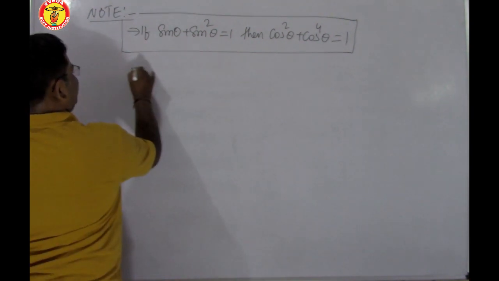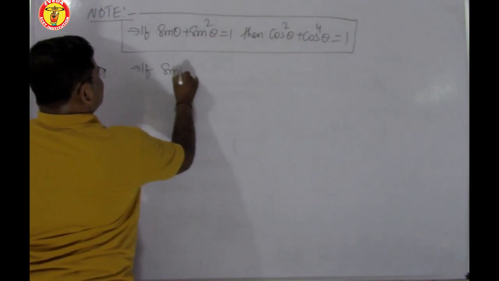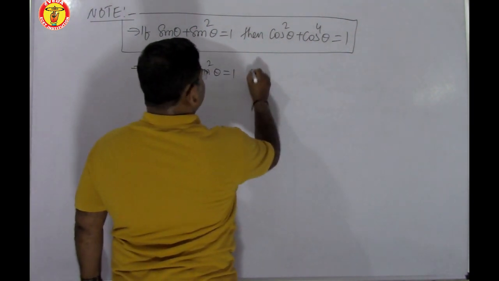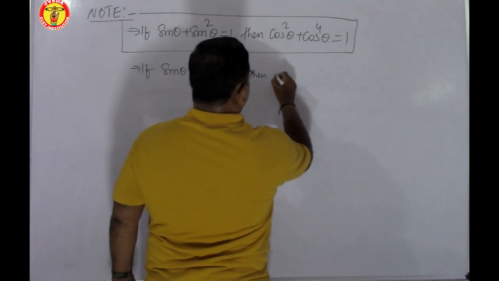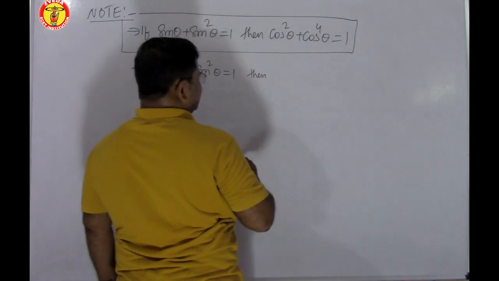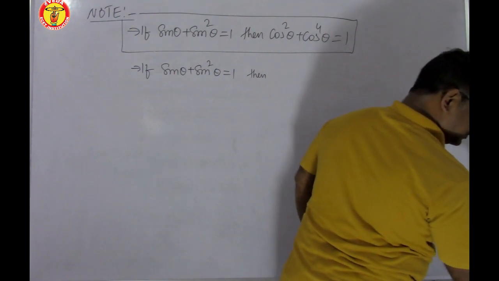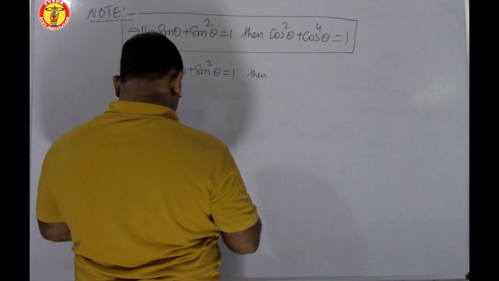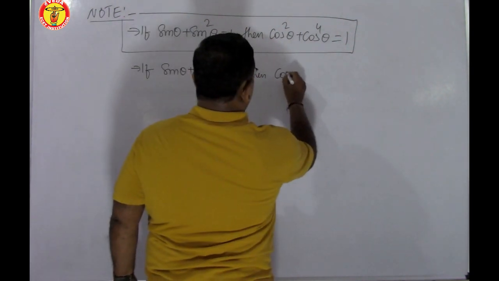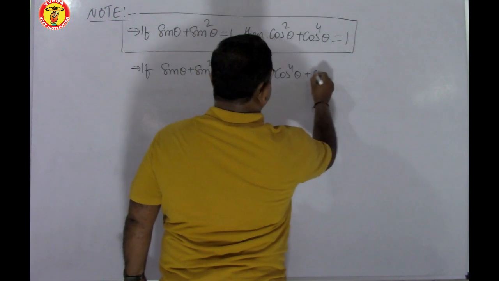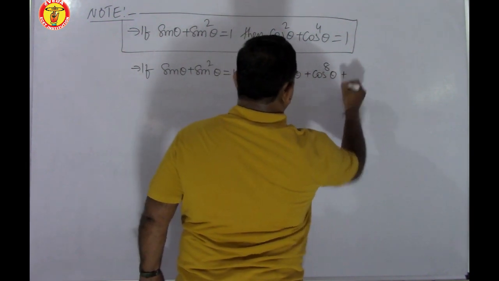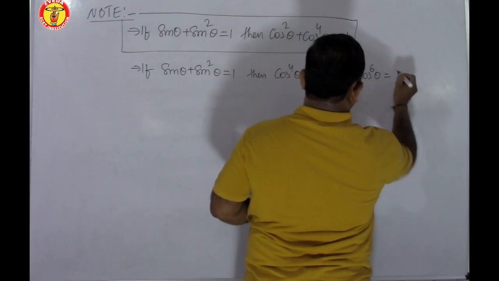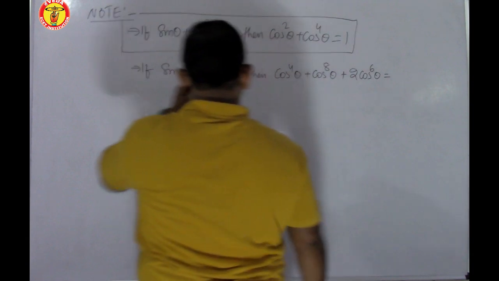See, if sin theta plus sin square theta is equal to 1, they will give the question as: then cos power 4 theta plus cos power 8 theta plus 2 cos power 6 theta is equal to. They will give the question like this.